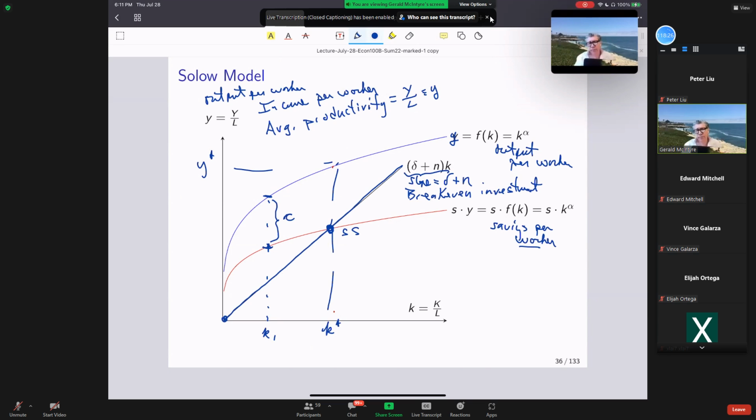That is the following. Take the delta part first. There's some capital that's falling apart every year at rate delta times small k. That has to be replaced, or else the capital stock will shrink.